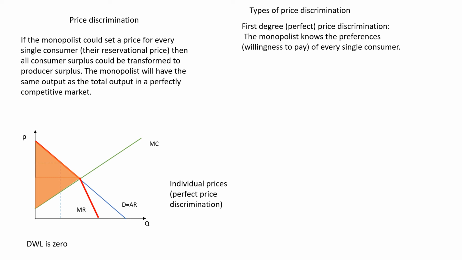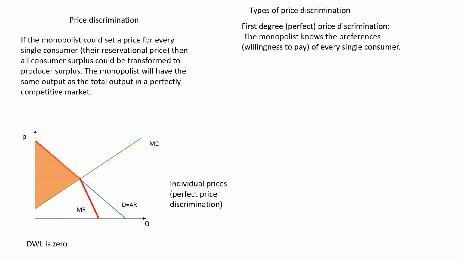This requires, for example, that there is just a limited number of consumers in the market and that the monopolist has contact with them occasionally or sometimes very often, so that it can judge the preferences of the consumer. This could be, for example, a law practice or a medical practice.